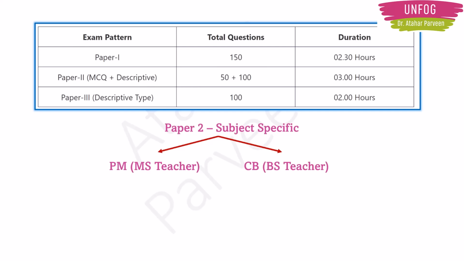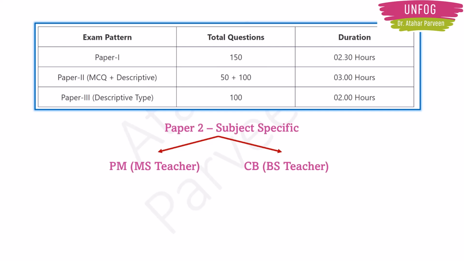For CB method aspirants, they call them a biological science teacher. So whatever the name is, roughly you have to remember that if you are a PM method aspirant, then you are eligible to write the exam for mathematics science teacher. Your question paper will be different from the biology science teacher question paper.